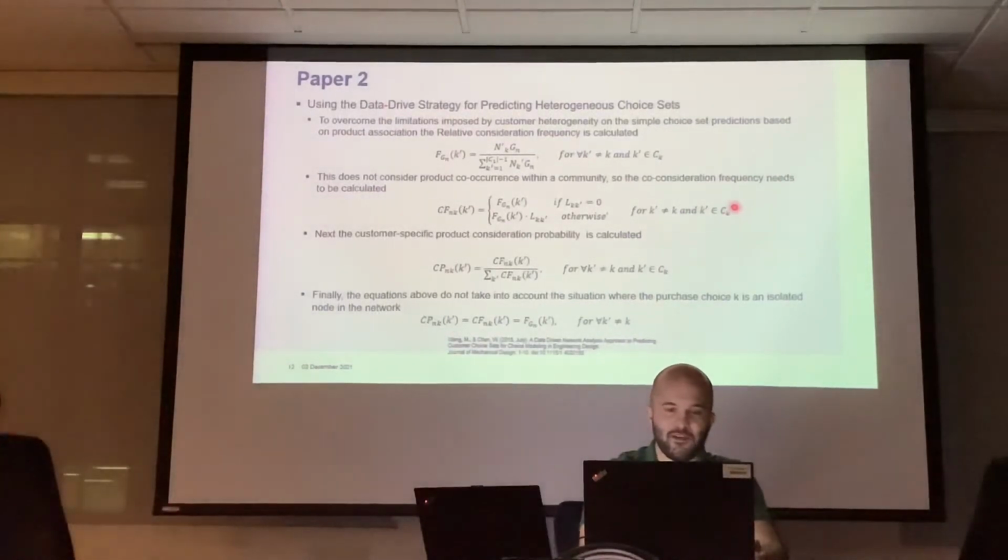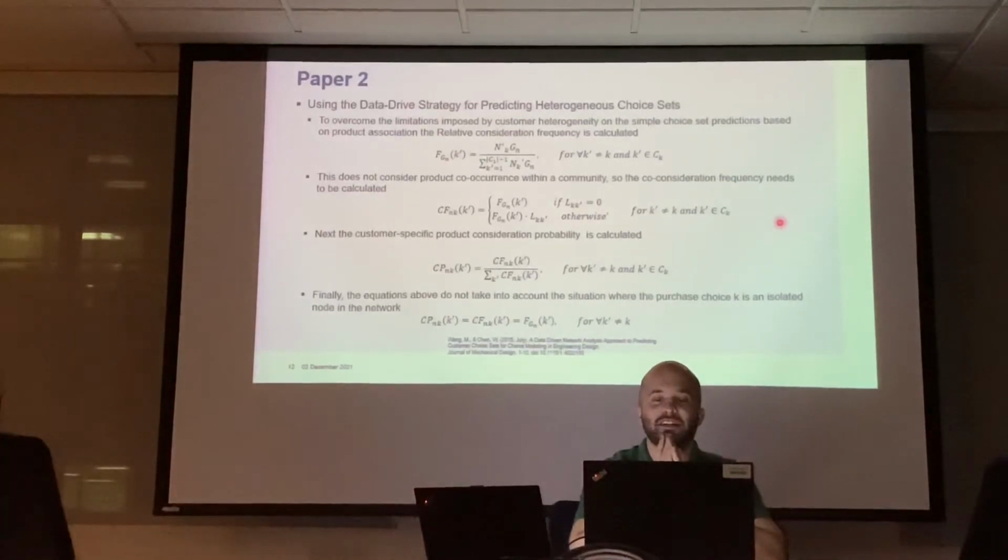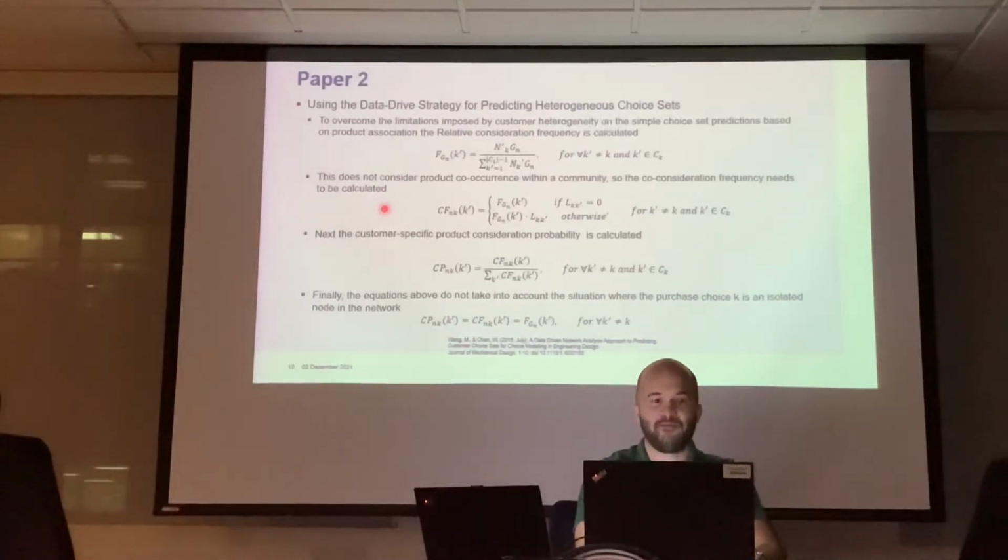Once they find those community and lift values, they can overcome limitations imposed by the customer heterogeneity on sample choice set predictions, and the relative consideration frequency can be calculated. Once they calculate this relative consideration frequency, they need to further define it because it doesn't consider product co-occurrence within a community.